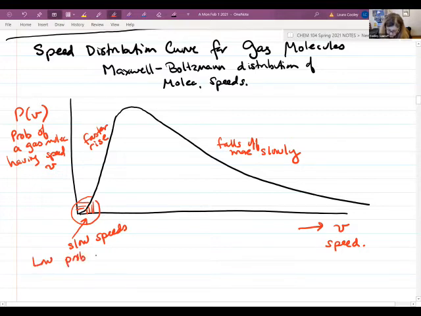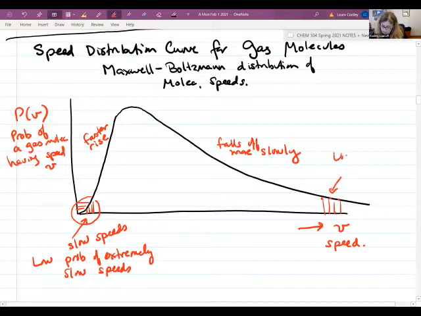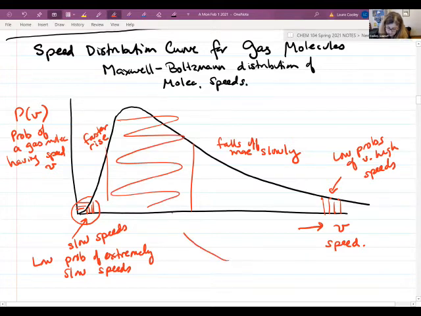Low probability of extremely slow speeds. And also over here, you have low probabilities of very high speeds. And most of the speeds are kind of like over here, or maybe you could extend this a little more.